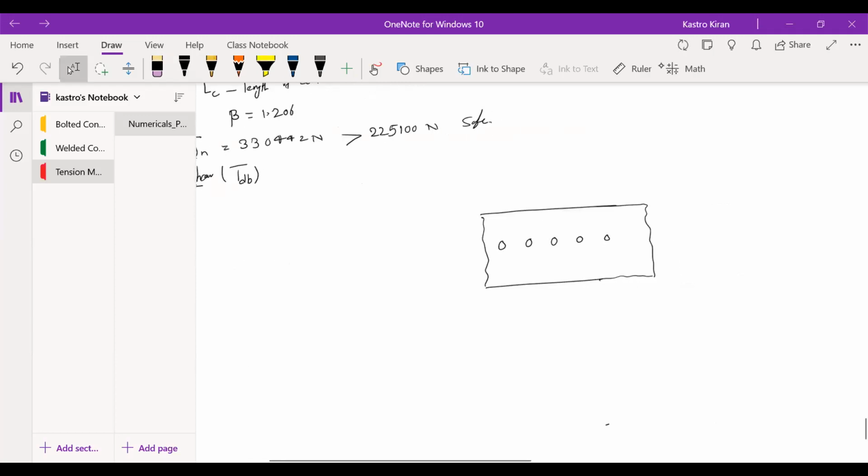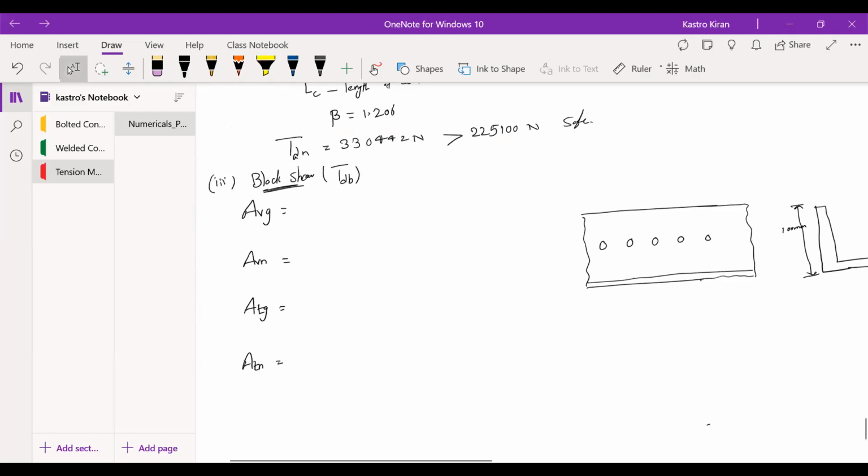So you have the angle section as well, and you know this height is 100 mm. That is the leg which is connected. Now let's find out the values of AVG, AVN, ATG, and ATN.